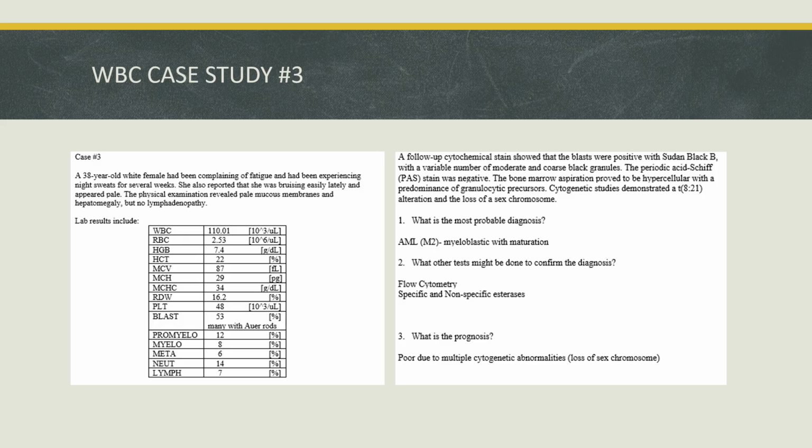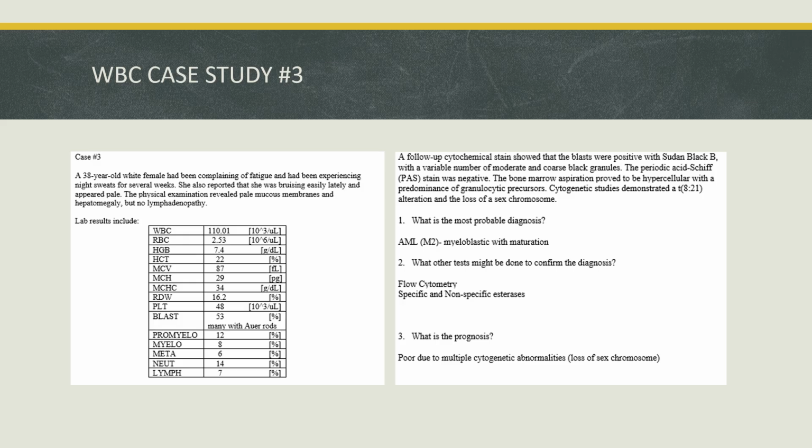So let's look to see, are there any abnormal labs? Well, first and foremost, her white blood cell count is very abnormal. It is super elevated. Red blood cell counts are not too great, but it could be worse. Hemoglobin 7.4, so that's low, and her hematocrit is low.